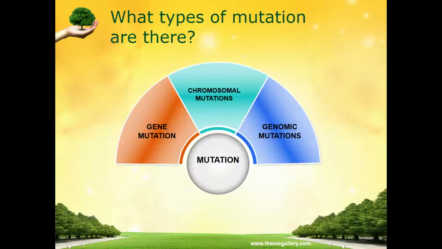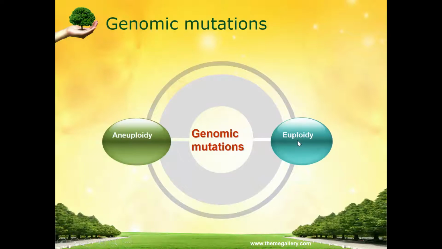Finally, we're going to talk about genomic mutation, another large-scale mutation. A large proportion of genetically determined ill health in humans is caused by abnormal chromosome numbers. Additionally, manipulation of chromosome number is routinely used by breeders to improve agriculturally important species.